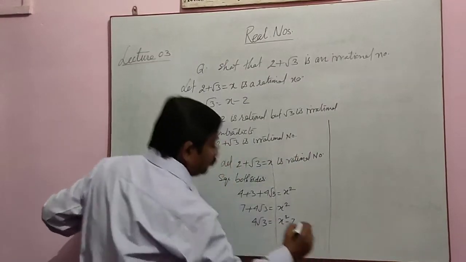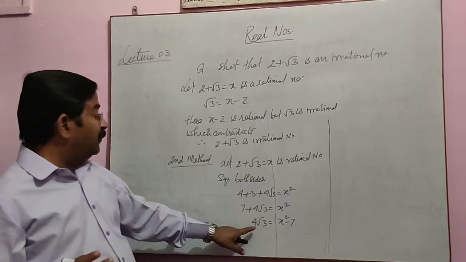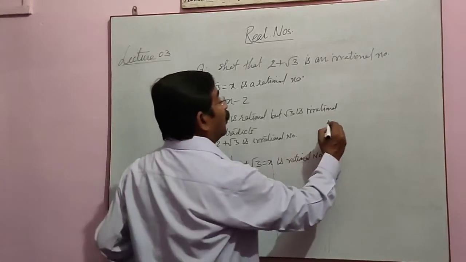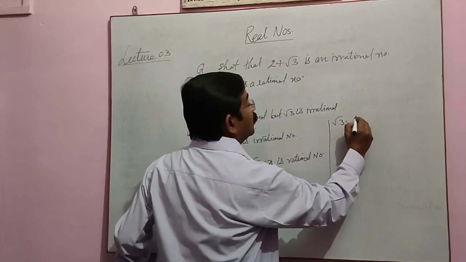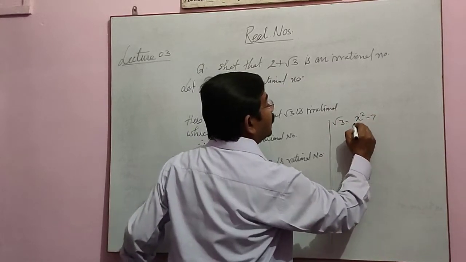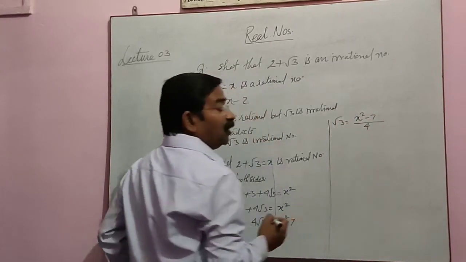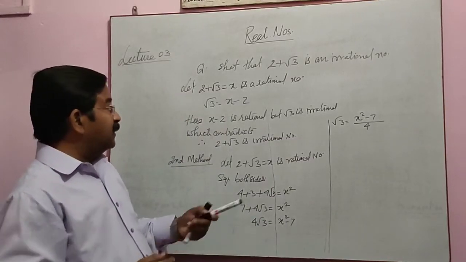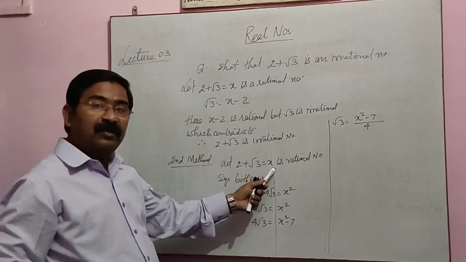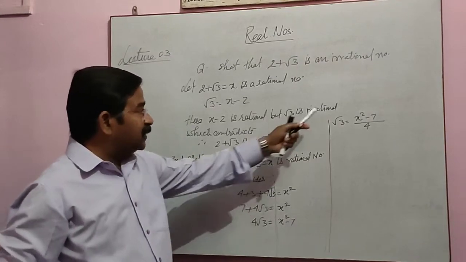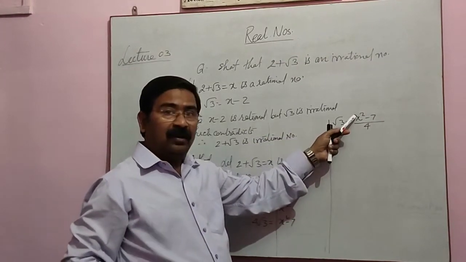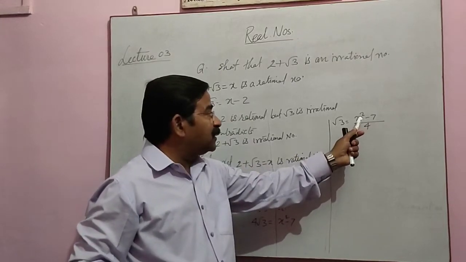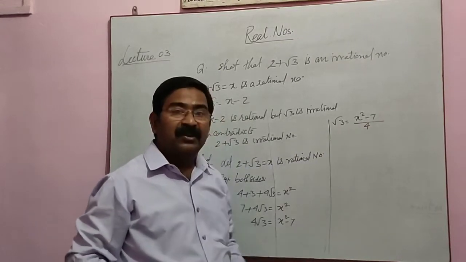Come to this point. Again on the left side we have 4, which is rational, so send this to this side. So under root 3 is equal to x square minus 7 upon 4. Now come to the right side. X is a rational number we have assumed, so x square is rational. 7 is a rational number, so x square minus 7 is rational.